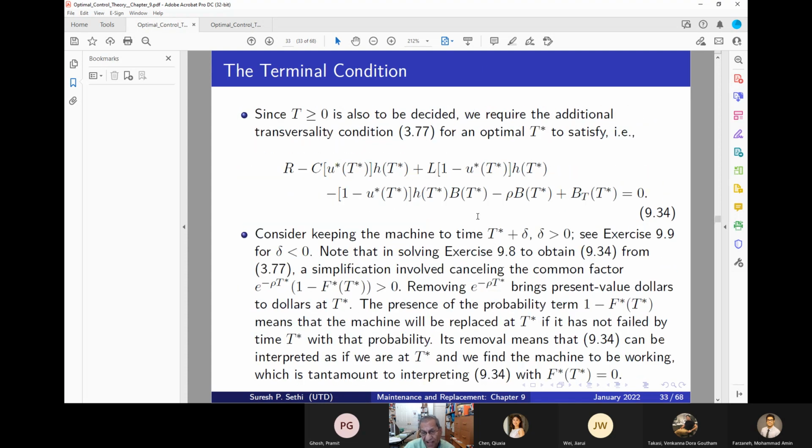If I am at t star and deciding whether to sell the machine or not, the machine has to be working. So if it's not working, I have no control over it. It goes for value L. The only time I can say whether I should keep the machine one more delta time is if the machine is working. So let's assume the machine is working when I am at t star, and that's tantamount to saying F star t star equal to 0, and so I can really remove all of this. So that's the first part of interpretation.